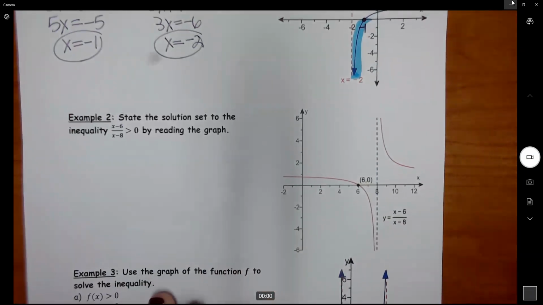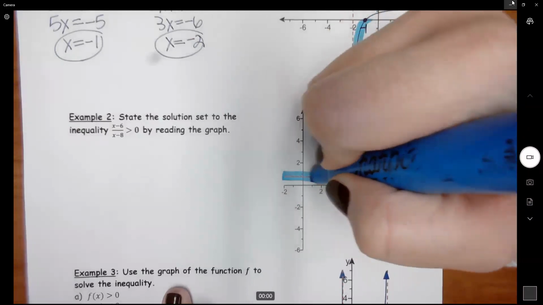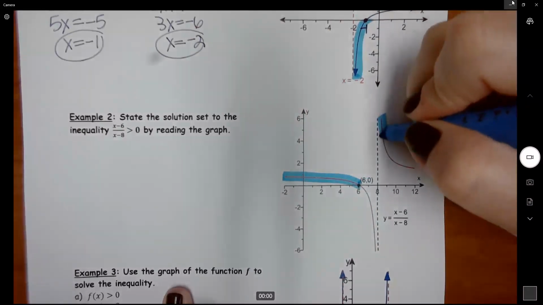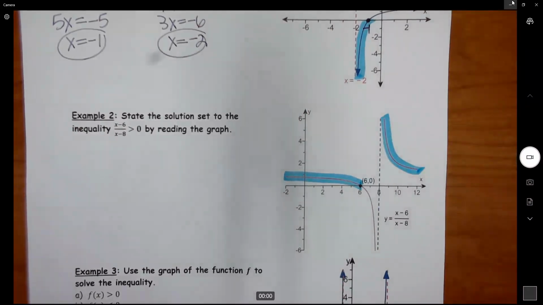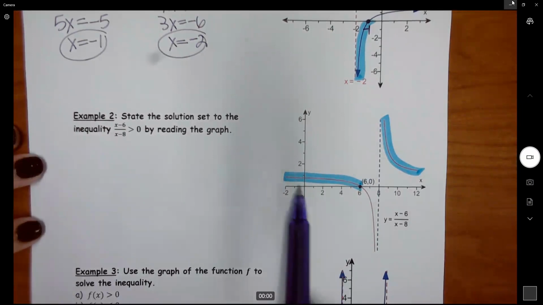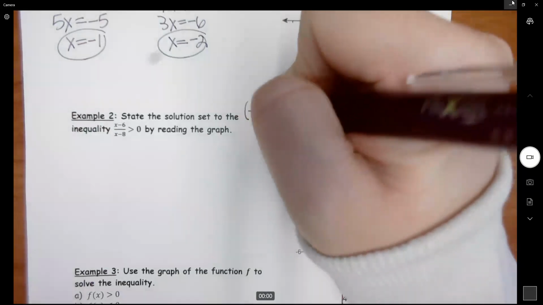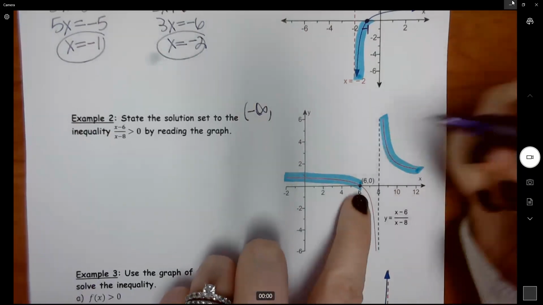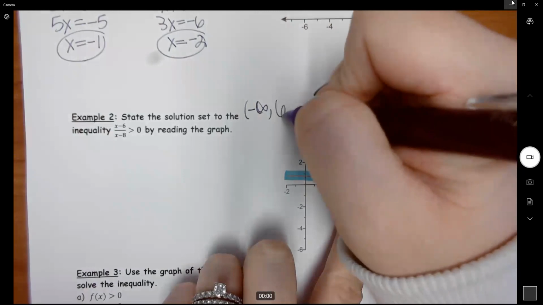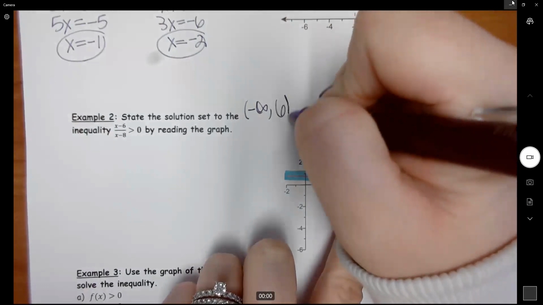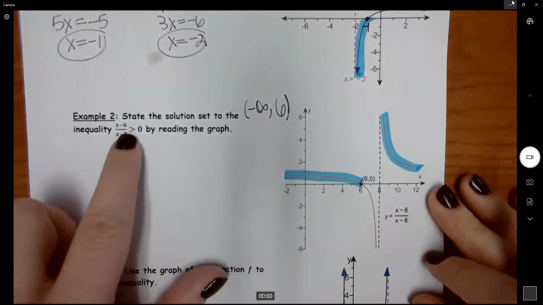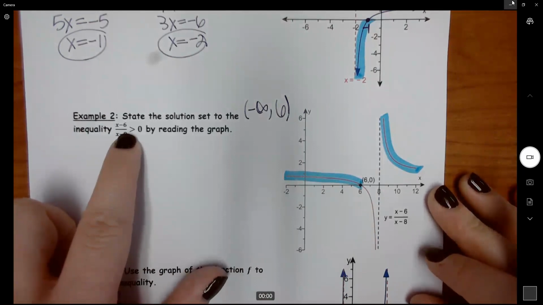So we are talking about this portion, and we are talking about this portion here. So how do we represent this portion right here? That is negative infinity to 6. And we get parentheses because it's simply greater than, it does not include 6.